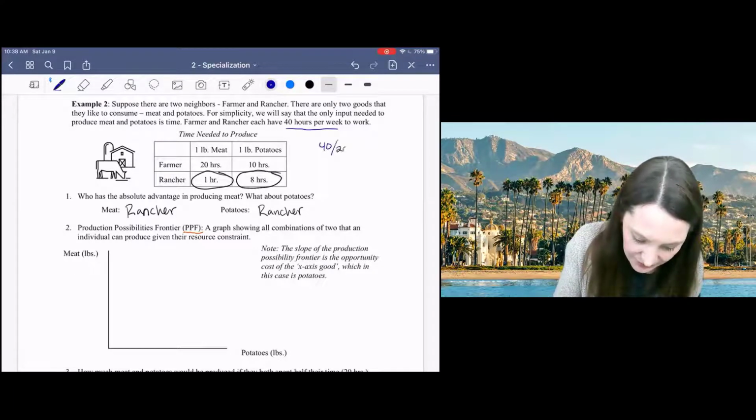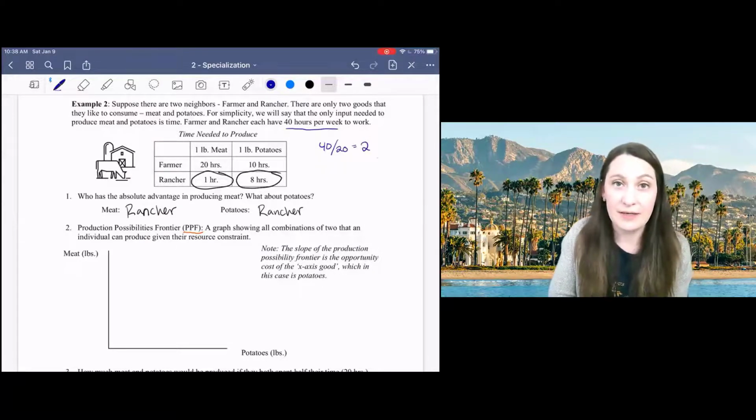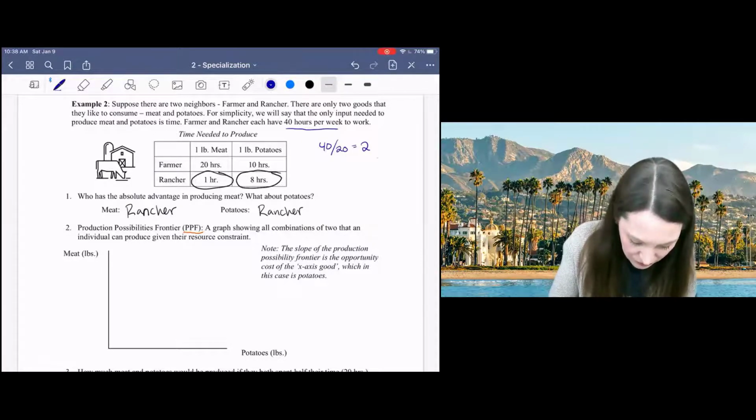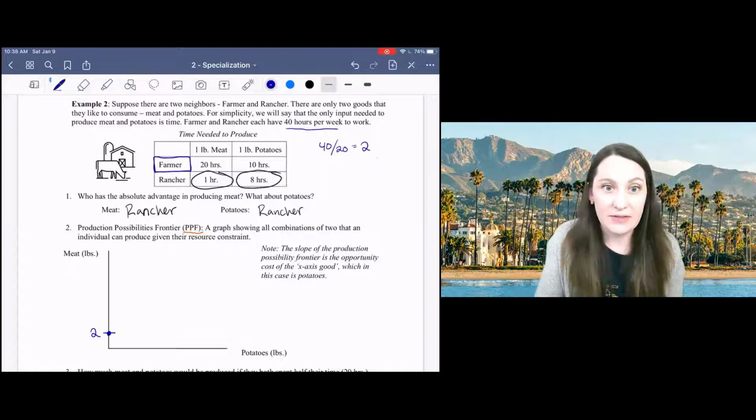then the farmer would be able to produce just 2 pounds of meat and no time left for potatoes, so 0 pounds of potatoes. So one point on the farmer's production possibility frontier will be 2 pounds of meat and 0 pounds of potatoes.